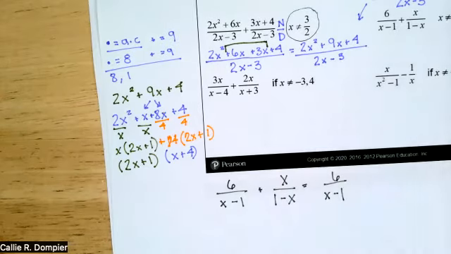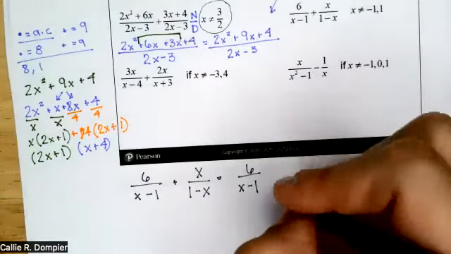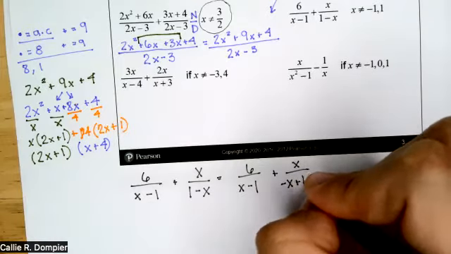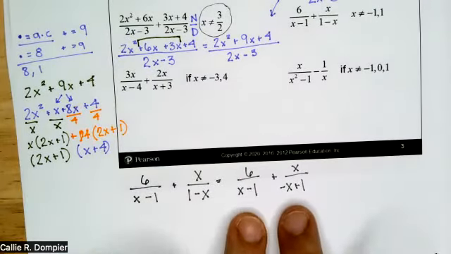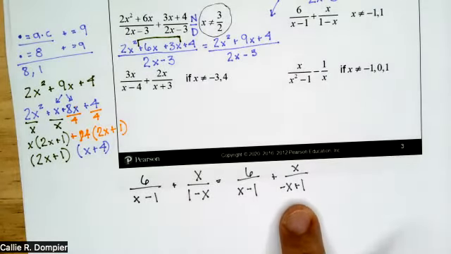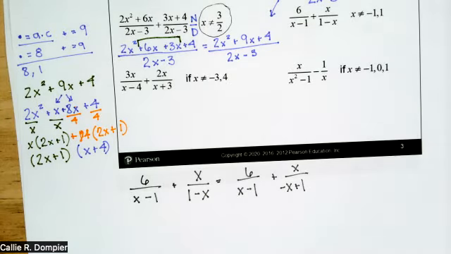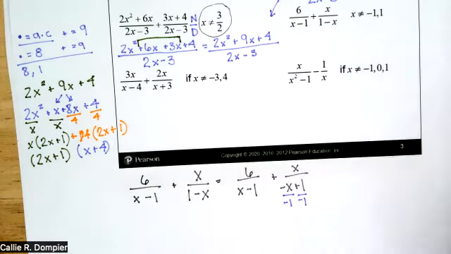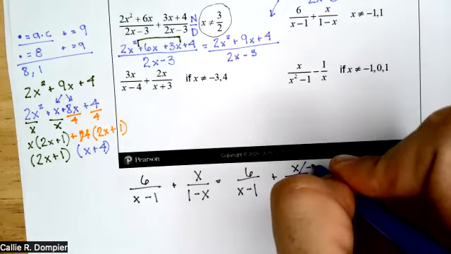X minus 1, that's already in descending order of exponents. Let's change this to negative x plus 1. So we have the same problem as before, where one of these is the wrong sign, essentially, right? And so what we're doing is divide by negative 1, divide by negative 1. Anything I do to the bottom, I have to do to the top.